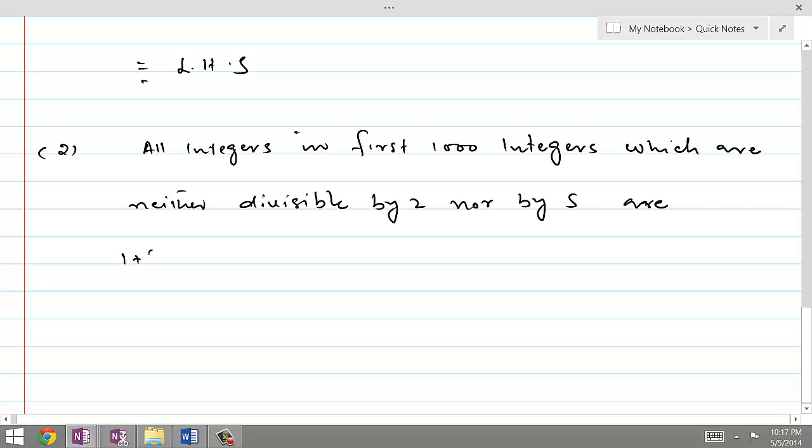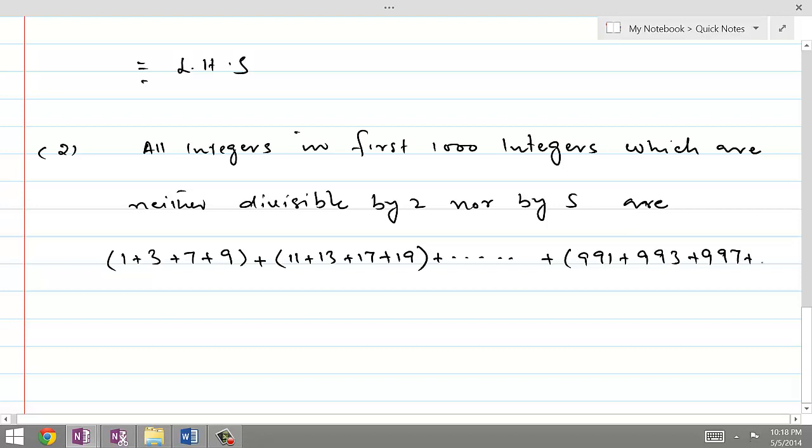1 plus 3 plus 7 plus 9. So these are 4 in the first 10. Let's write them down together. Plus 11 plus 13 plus 17 plus 19. Those are the next 4. And this way, if we continue, what we have is 991, 993, 997, 999.